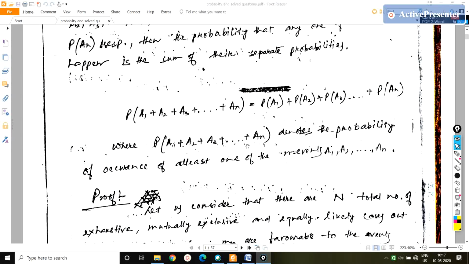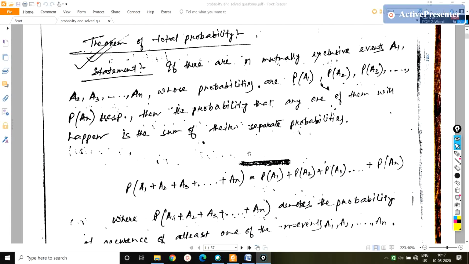So how do we prove this theorem, the theorem of total probability?